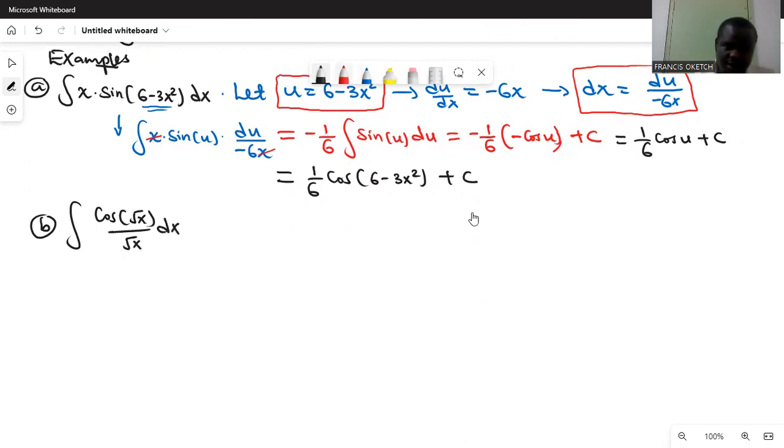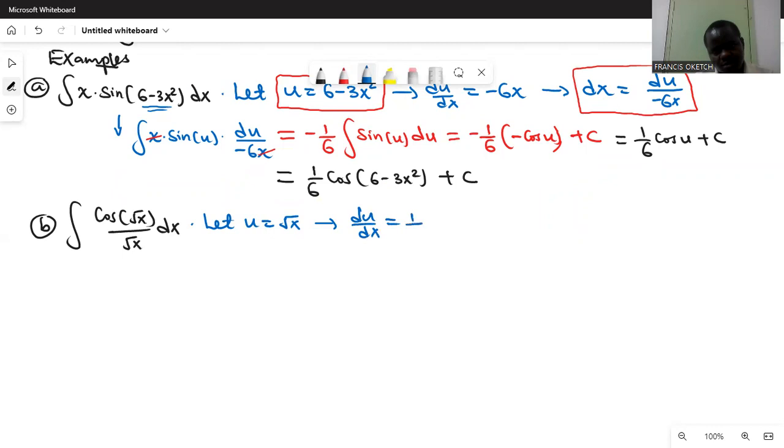How do you do this? You are going to say let u be equal to root x. Remember, root x is the same as x raised to 1 over 2. So we need to differentiate this, du dx.